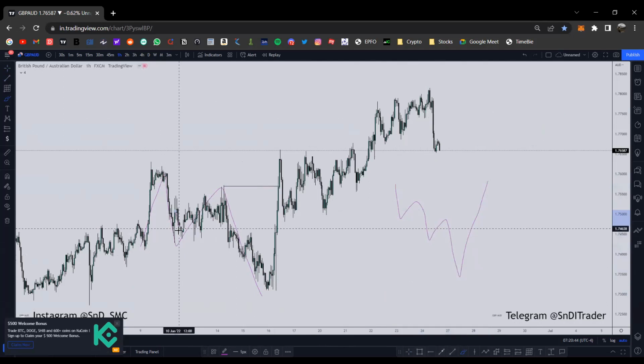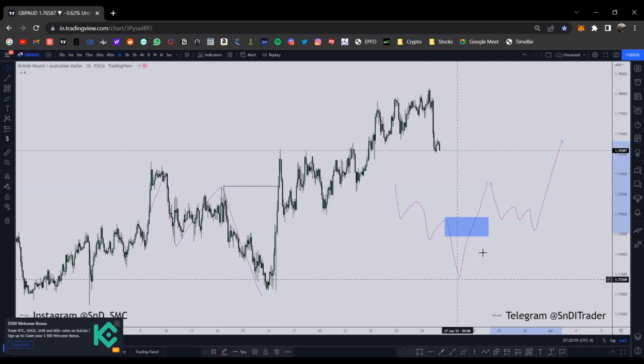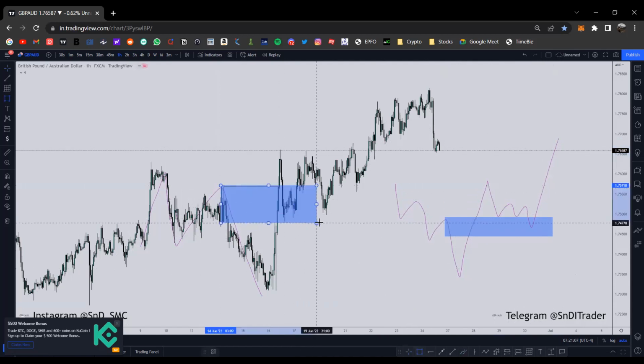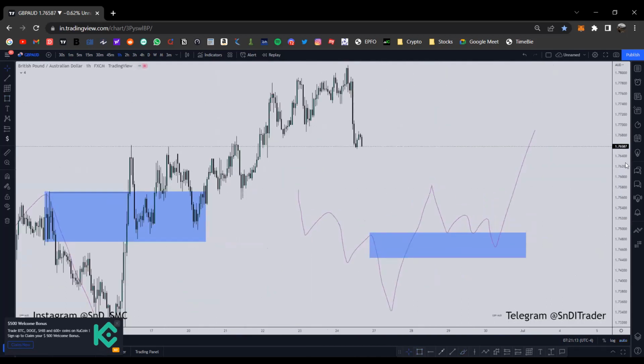Same thing here: lower low, lower high, lower low, higher high. So this last higher high, lower high can help price move towards the upside. Price might come again and give a nice reaction towards the upside. So price just came back again, mitigated this breaker block and moved towards the upside again. So that is how we see the breaker block.